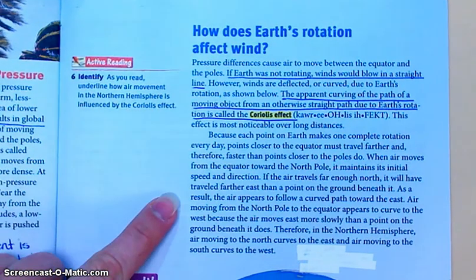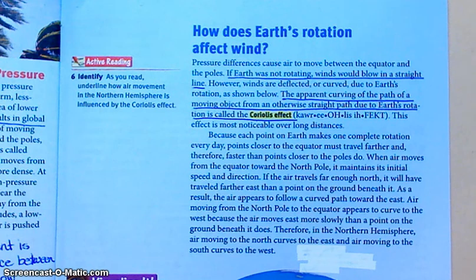Because each point on Earth makes one complete rotation every day, meaning everywhere it takes 24 hours to rotate once, points closer to the equator have to travel faster than points closer to the poles. I'll show you what that means in just a minute.